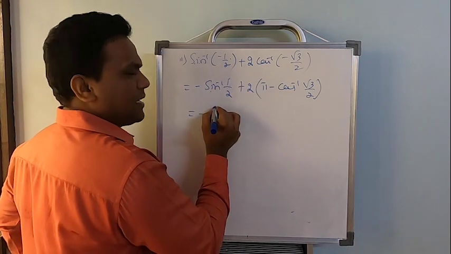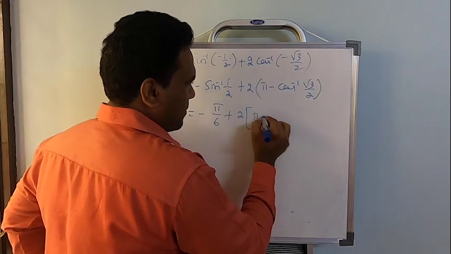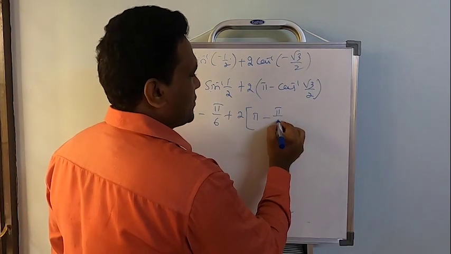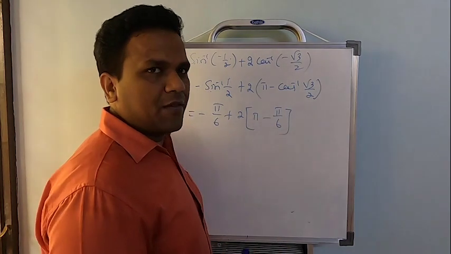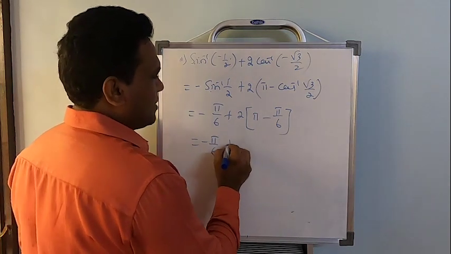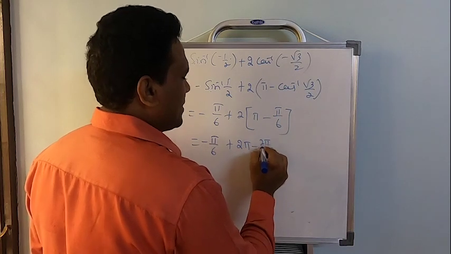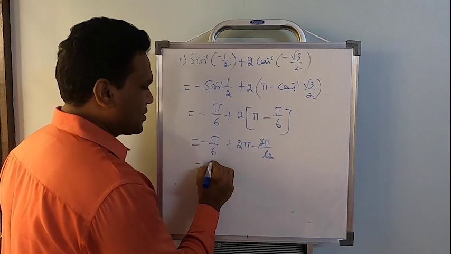Sin inverse half is going to be pi by 6, so minus pi by 6 plus 2, open the bracket, pi minus cos inverse root 3 by 2. We know that cos inverse of root 3 by 2 is going to be pi by 6, just reading the table in the reverse order. So this is minus pi by 6 plus, let's multiply, 2 pi minus 2 pi by 6.